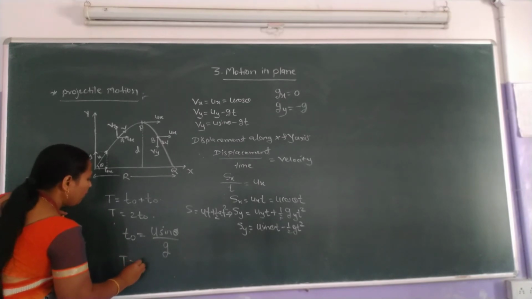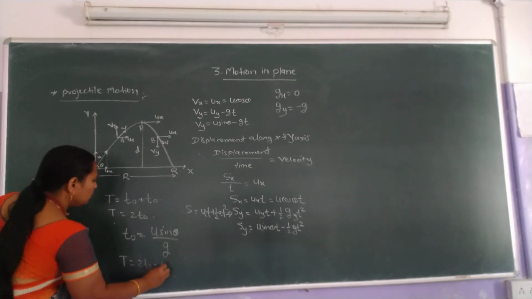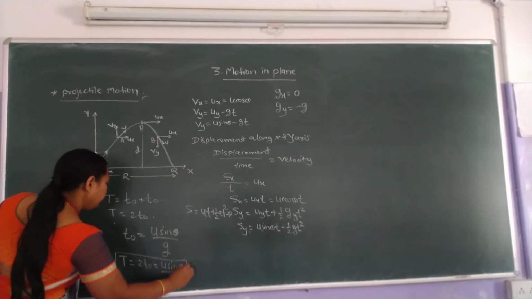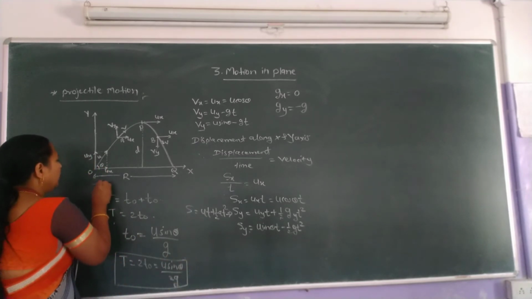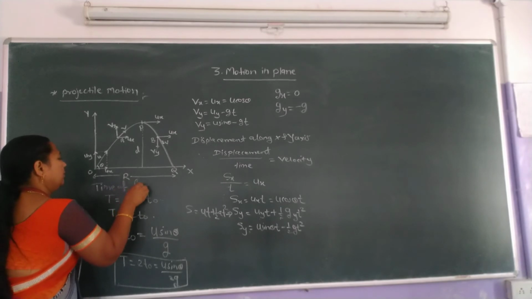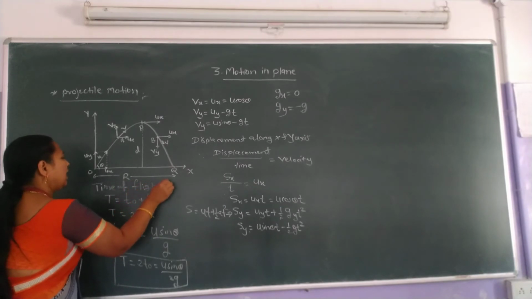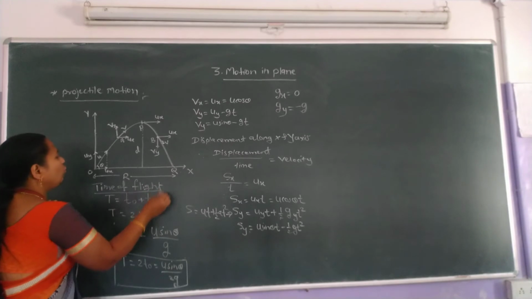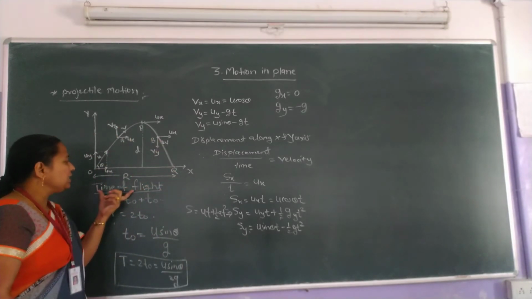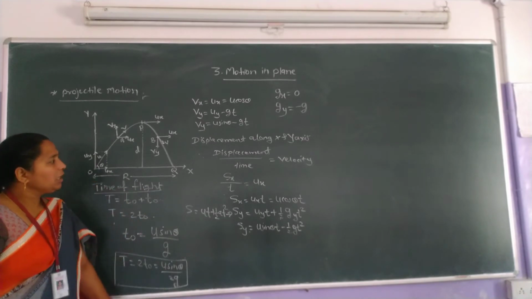Therefore the time of flight is 2t0, which is 2u sin theta upon g. That is the formula for time of flight. The time taken by the projectile to cover the entire trajectory is known as the time of flight.